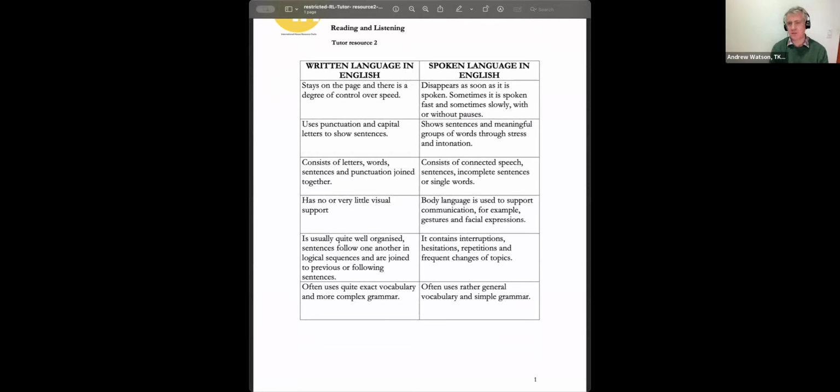There's a degree of control over the speed in which we can read it. Whereas spoken language disappears as soon as it's spoken. Sometimes it's spoken fast, sometimes slowly, with or without pauses.